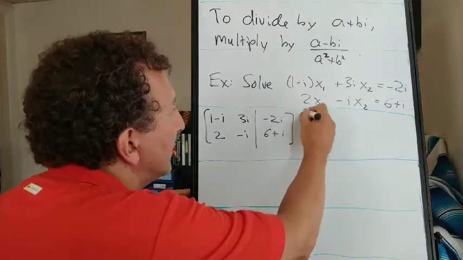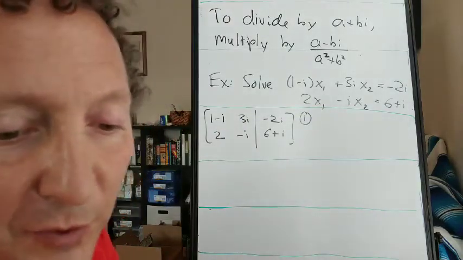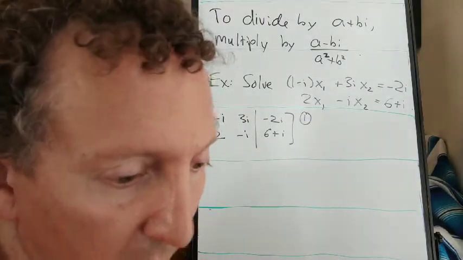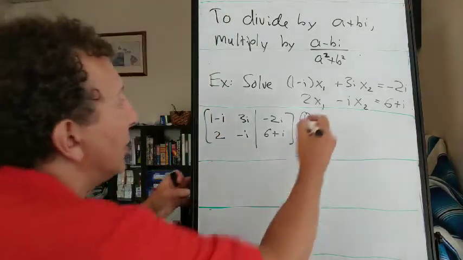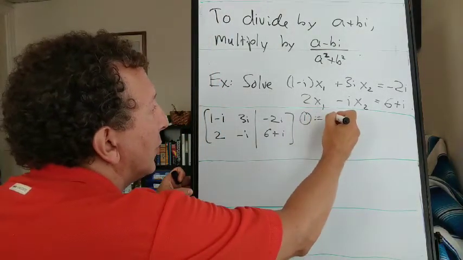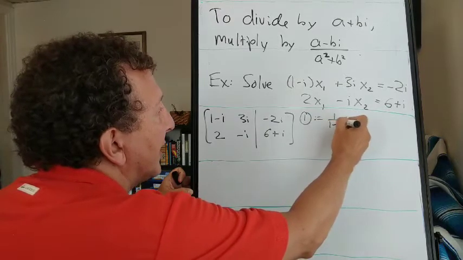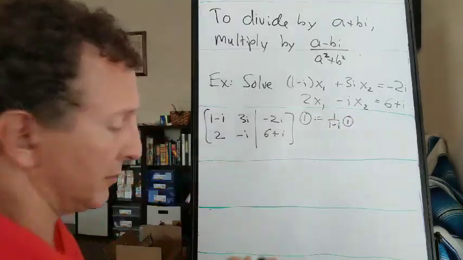So row 1 becomes one over 1 minus i times row 1.